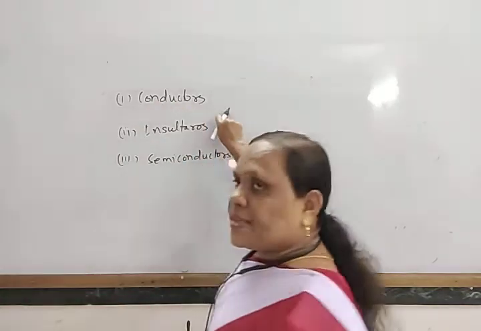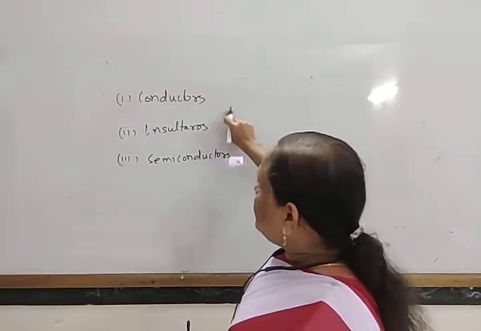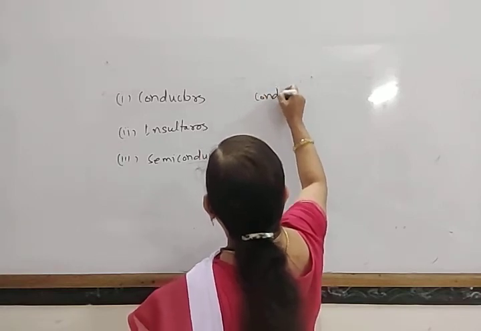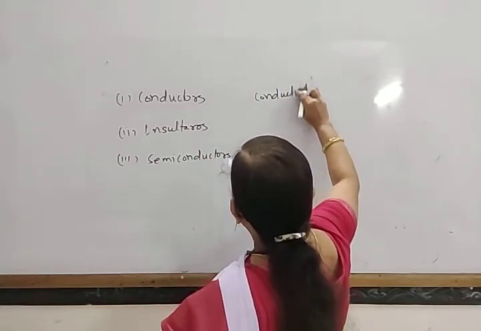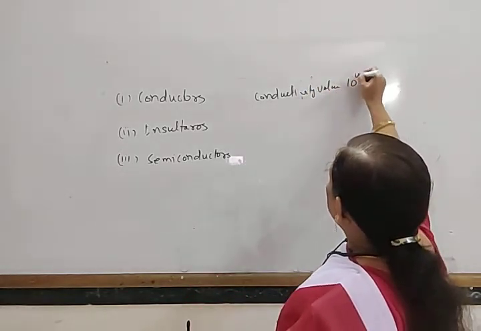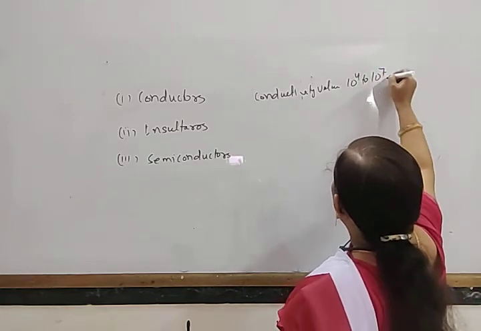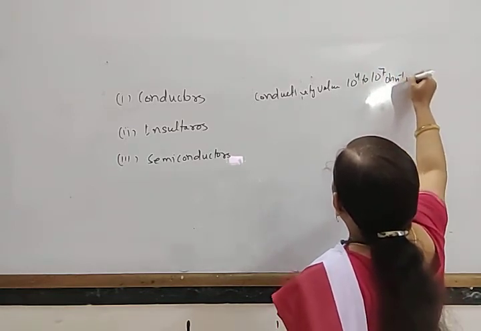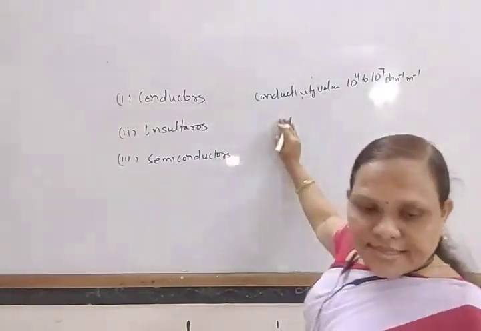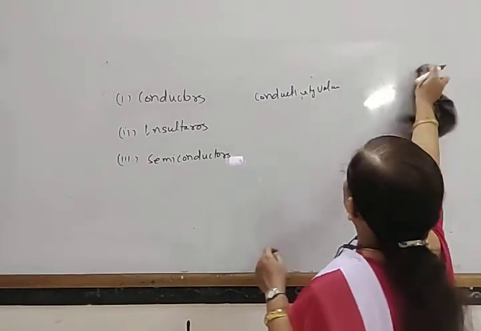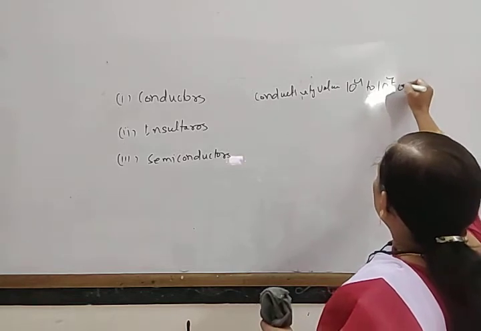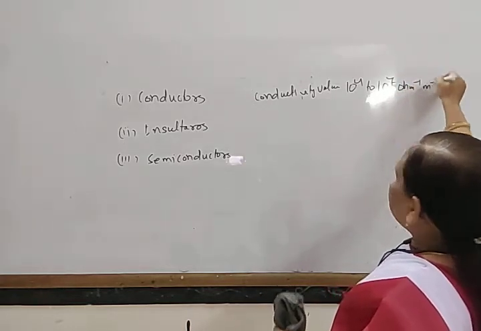Conductors are the substances whose conductivity value is 10 to the power 4 to 10 to the power 7 ohm inverse meter inverse.